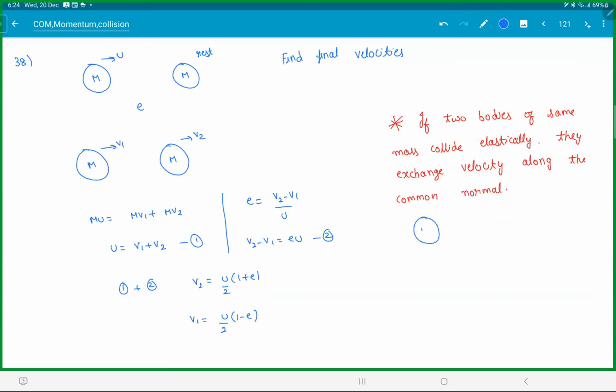Meaning, suppose you have mass m traveling with speed u1, and mass m traveling with speed u2, this is before collision. After collision, this m will go with u2, and this m will go with u1. It feels that both of them exchange velocities, including direction. e should be 1 and masses should be same.